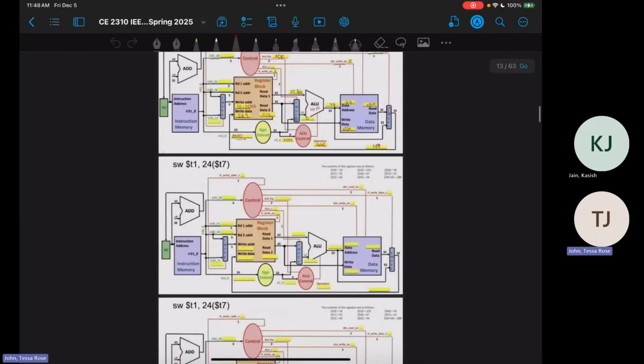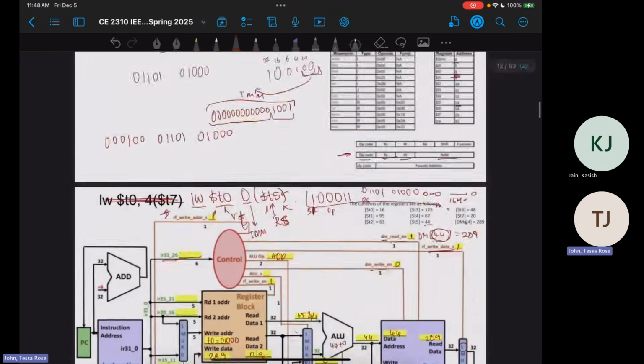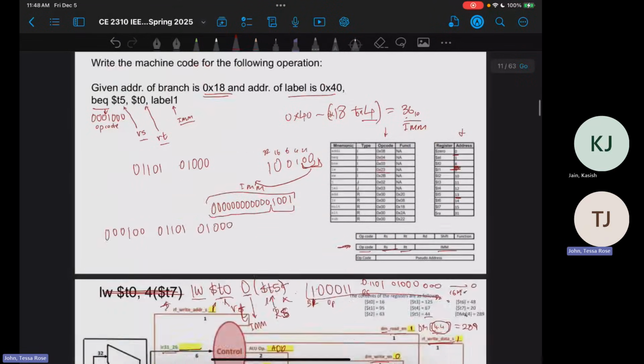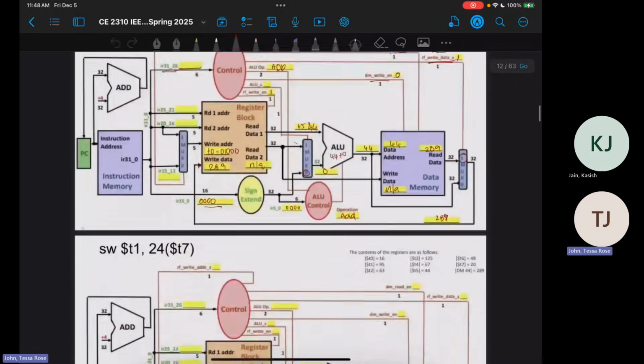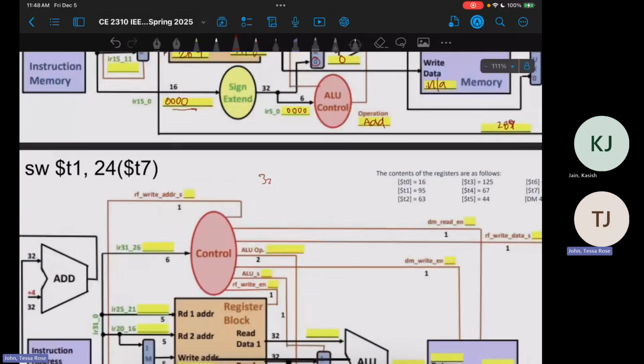I was going to go over this, but I guess it won't really make sense for y'all because if you haven't even looked at it, I don't think she's going to go over the review. I guess that's something you could derive, but I'm just going to go over it quickly. You know how we did the machine code? Whatever the machine code is, it's 32 bits. So we have a really long number.